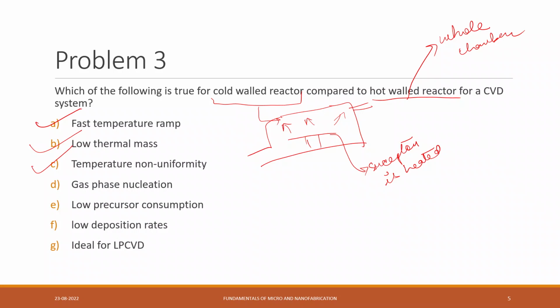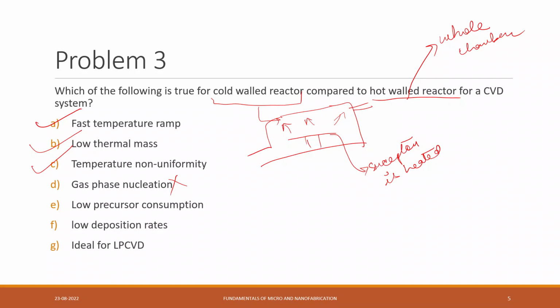Gas-phase nucleation is very hard to happen here because in the chamber only the receptor is heated, so the gas is not heated. Energy is required for nucleation, and that energy is not achievable in the gas phase. It's only achievable on the substrate. So gas phase nucleation is not possible.